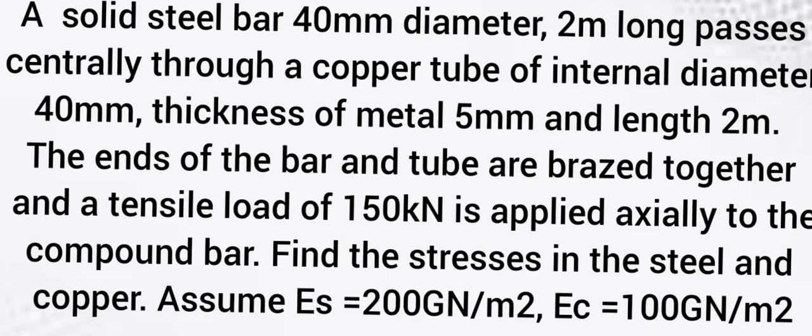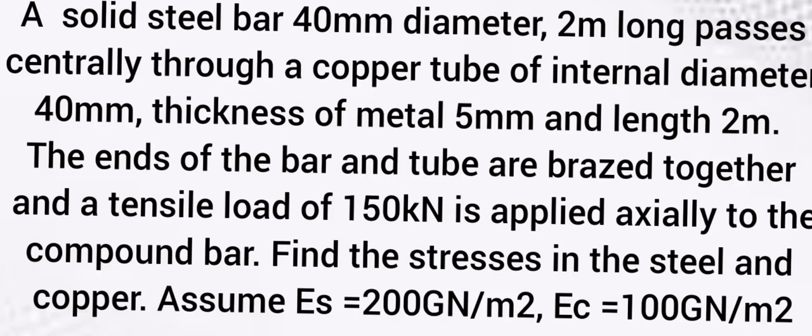The ends of the bar and tube are braced together, and a tensile load of 150 kilonewtons is applied axially on the compound bar. Question says find the stresses induced in the steel and copper.